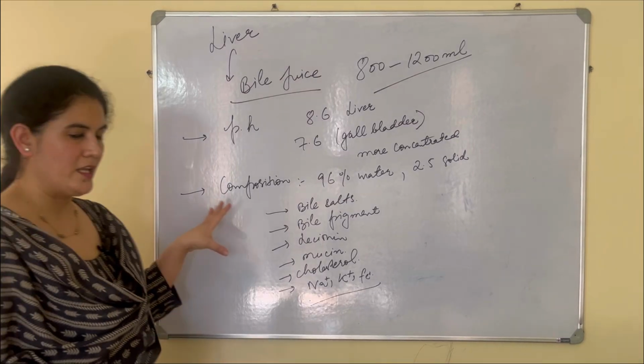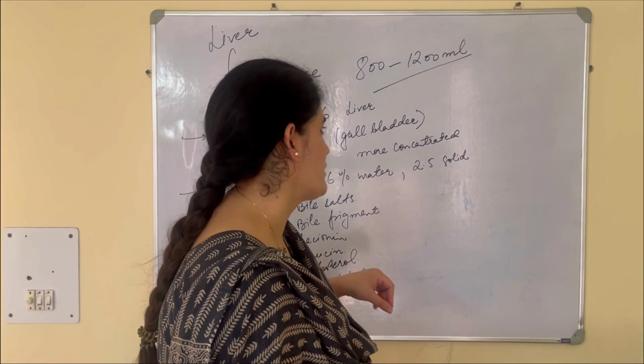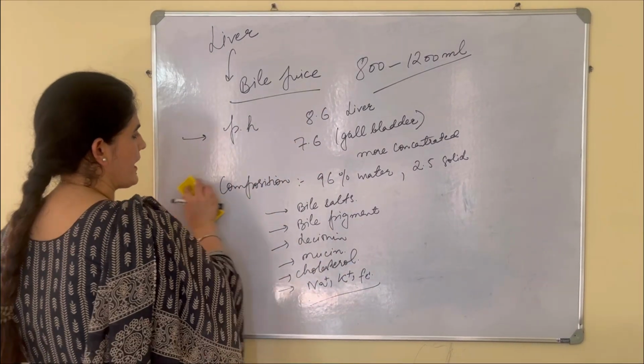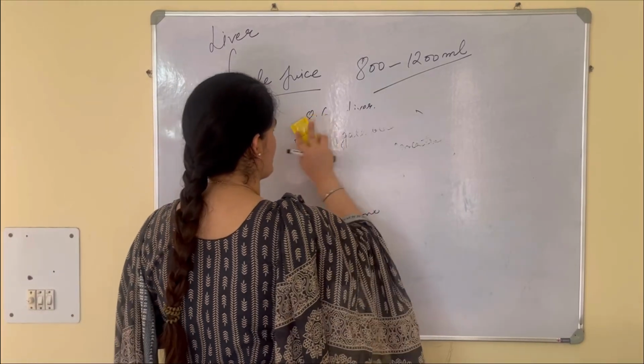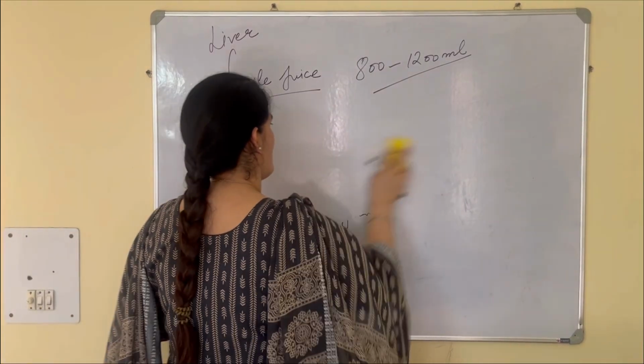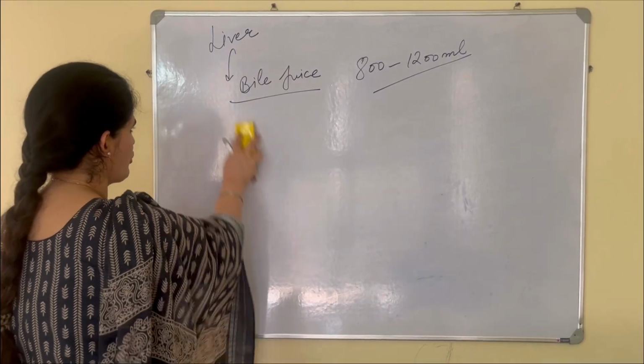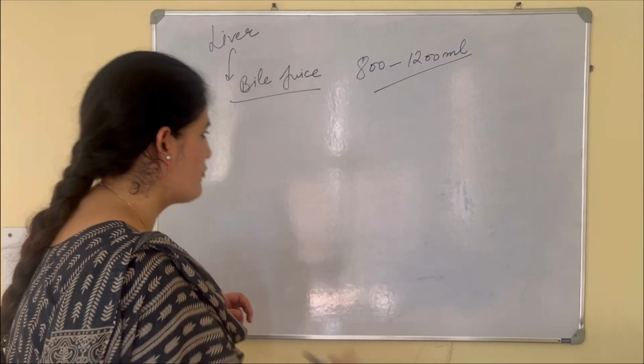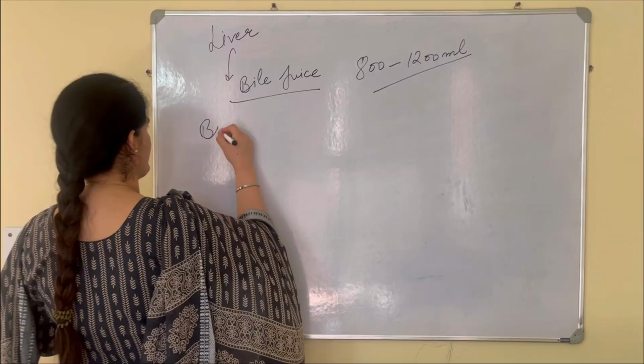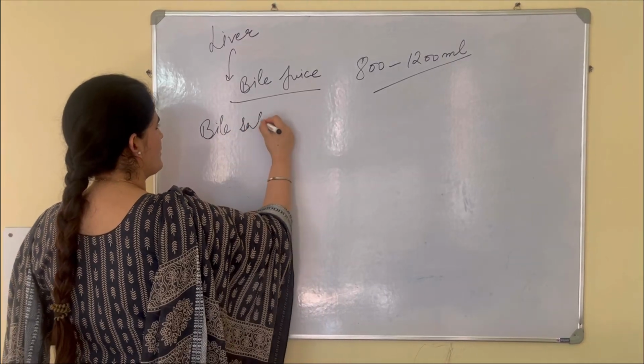Now, if we talk about the bile salts and bile pigments, first we will discuss the bile salts. What type of bile salts are present?